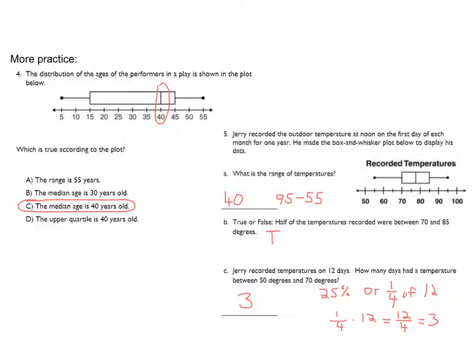For number 5, what is the range of temperatures? Again, our high looks to be 95, our low looks to be about 55, so high minus low is 40. Half of the temperatures recorded were between 70 and 85, so here's 70, here's 85.